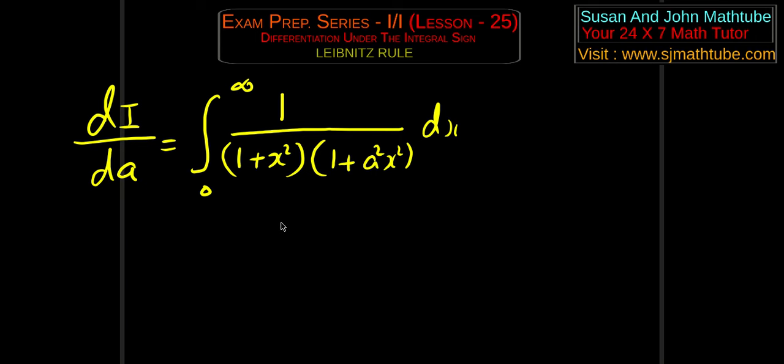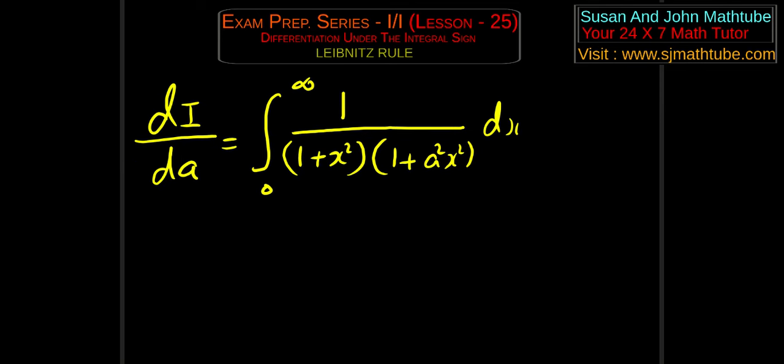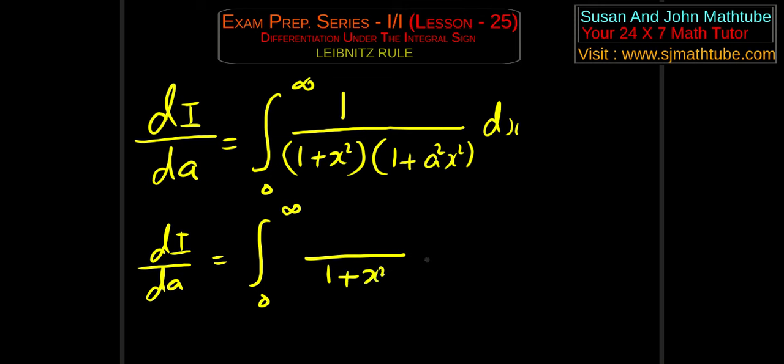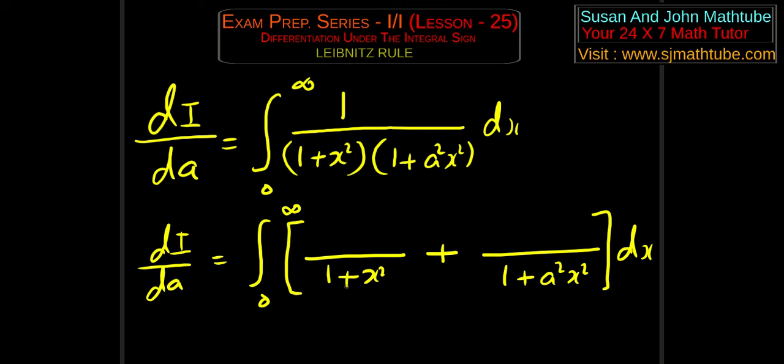So what we do is we are going to convert this. So I'm going to write dI by da is equal to integral 0 to infinity. I'm going to wait for your answers with the awesome trick method of suppression. If you don't like method of suppression, you are free to use partial fractions.